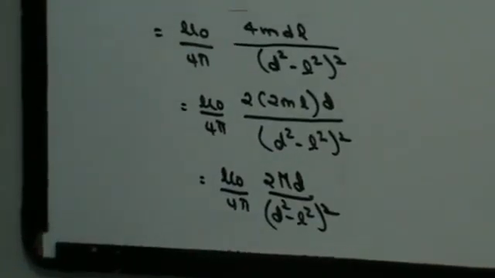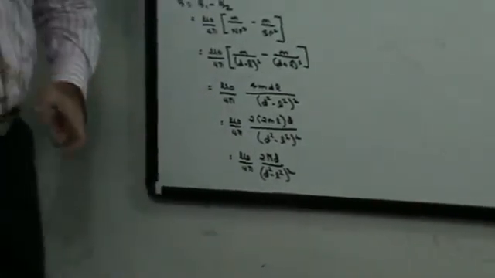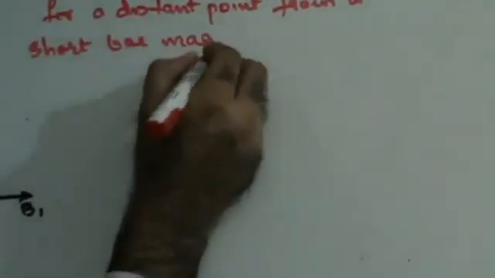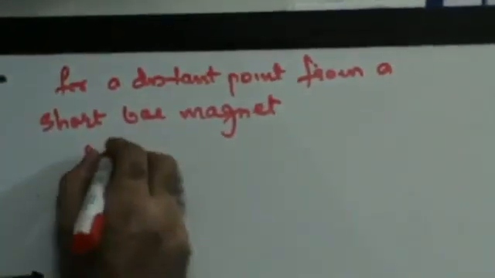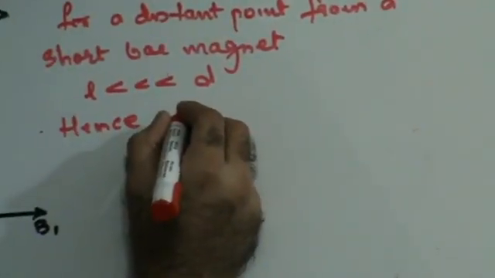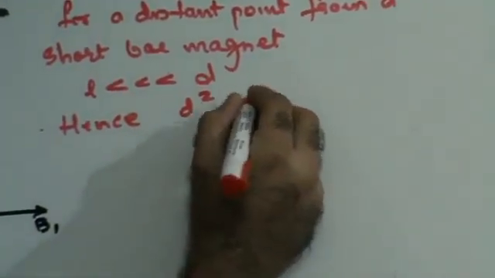Now for a distant point from a short bar magnet, L is very small as compared to D. Hence, d square minus L square is approximately equal to D square.